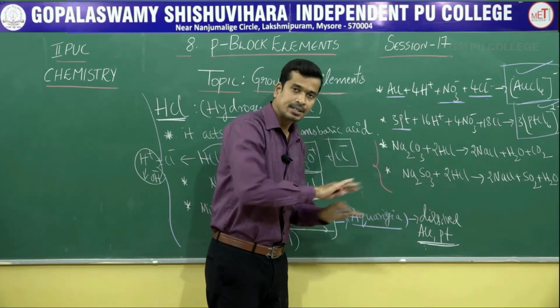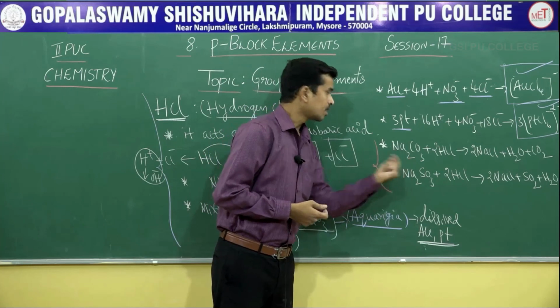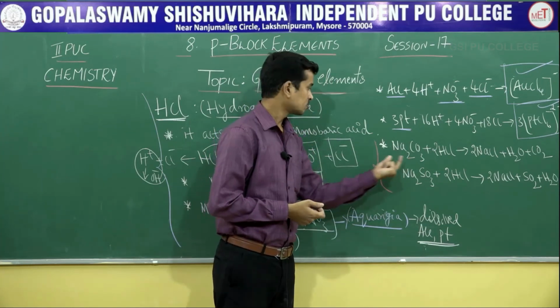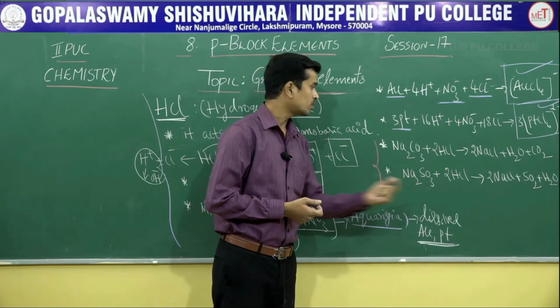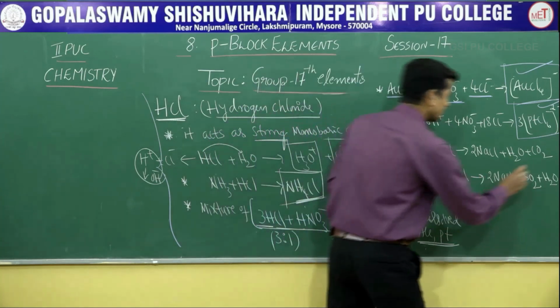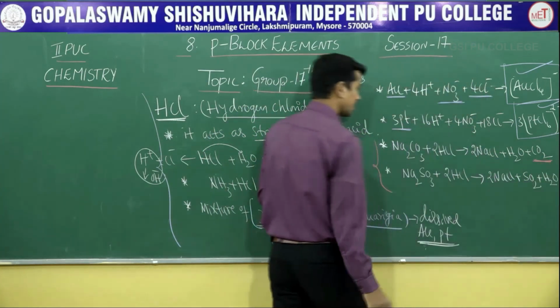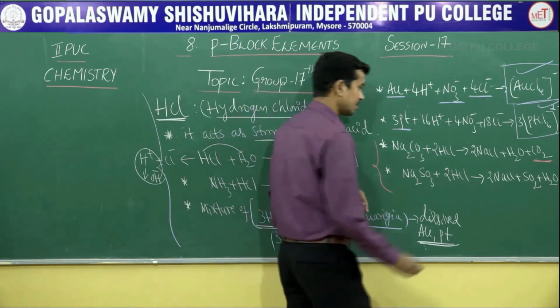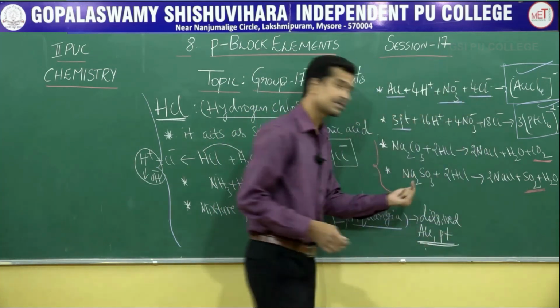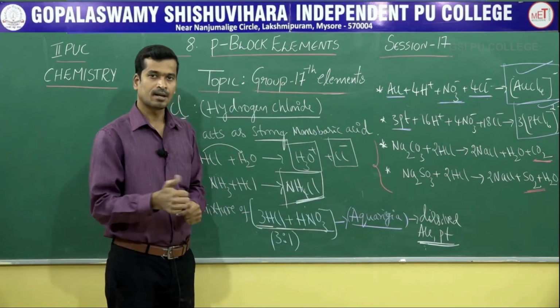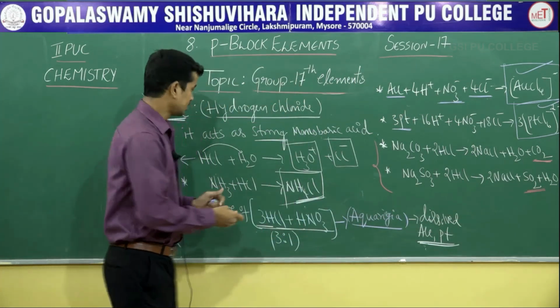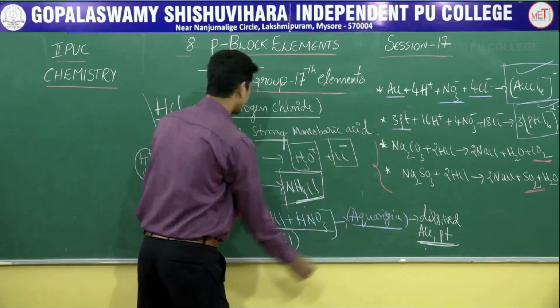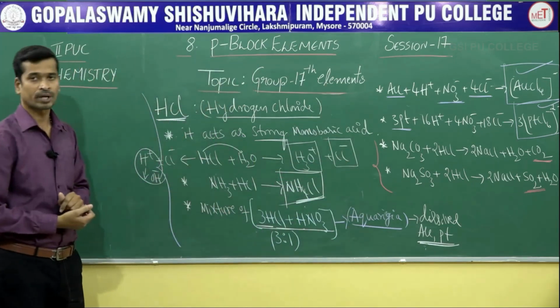HCl decomposes the salts of weak acids like sodium carbonate and sodium sulfite with the liberation of carbon dioxide in the case of sodium carbonate and sulfur dioxide in the case of sodium sulfite. Okay, these are the important concepts regarding hydrogen chloride.